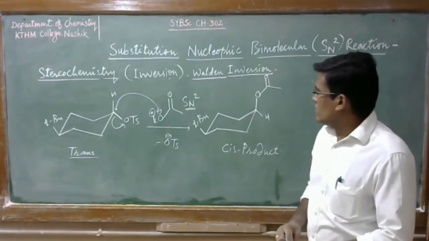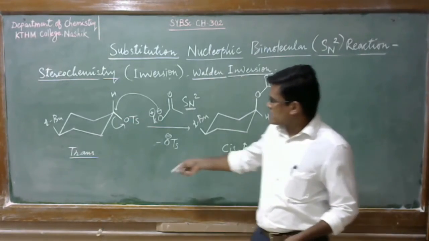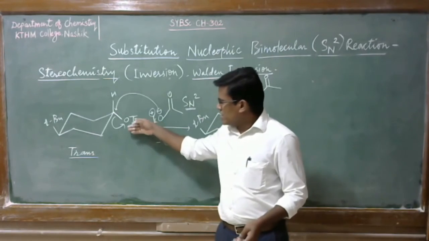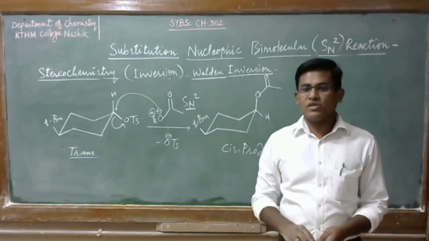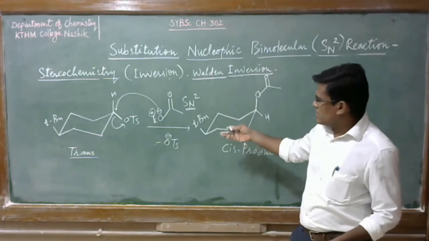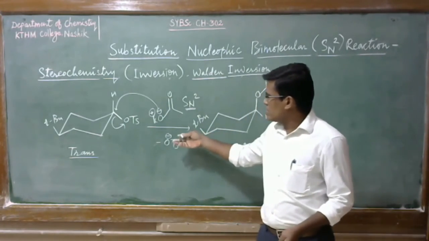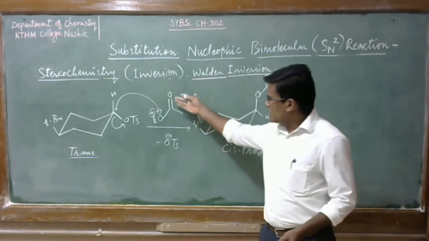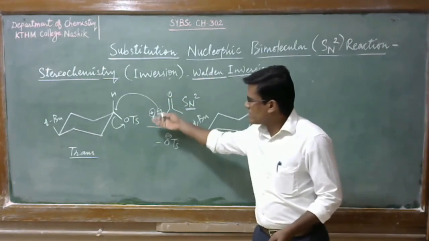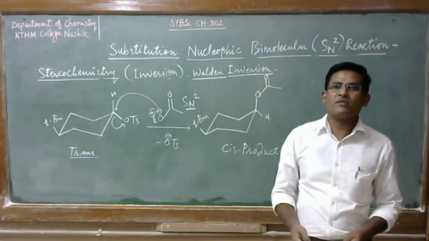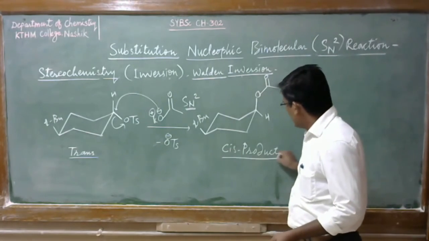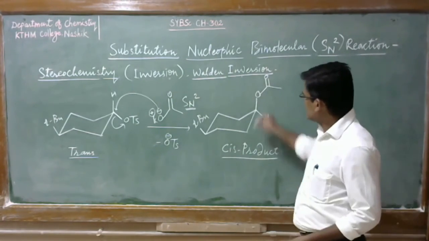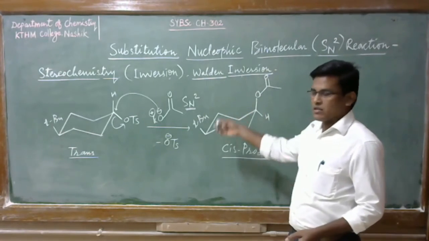In the starting material, the tosylate is at the equatorial position. The SN2 reaction is happening over here. This nucleophile, the acetate group, will attack from the back side of the tosylate, so that overall we get the inversion product.